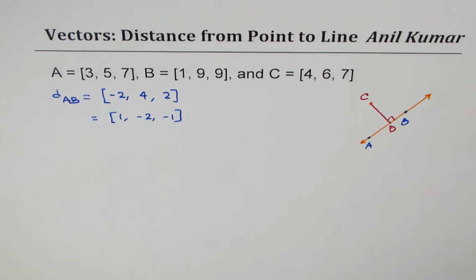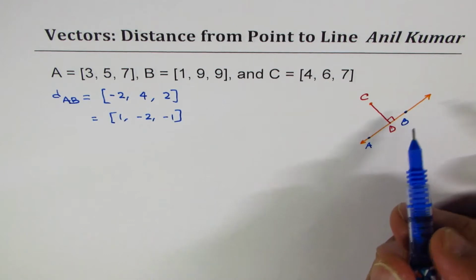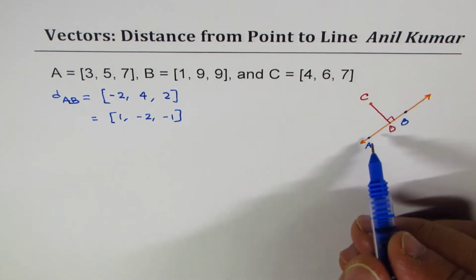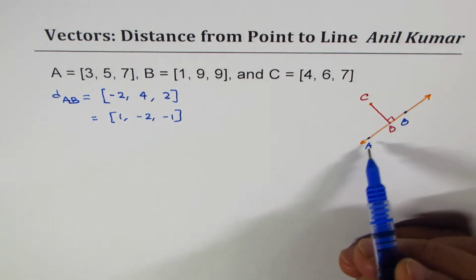To find this point, let's take a general point on the line AB. Now the equation of the line AB.